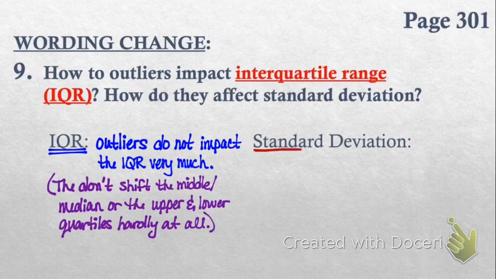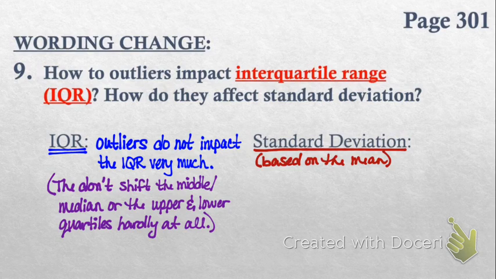Standard deviation, though. Standard deviation is based on the mean. Which measure of center did we say was very affected by outliers? The mean. So if the mean is very affected by outliers and standard deviation is based on the mean, do you think outliers do or do not have a big impact here?